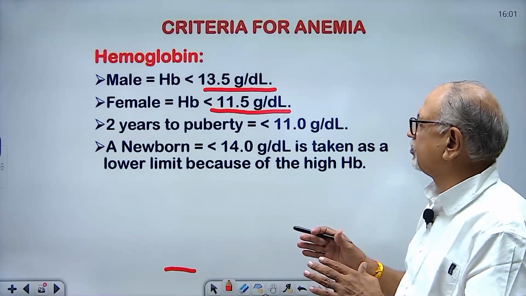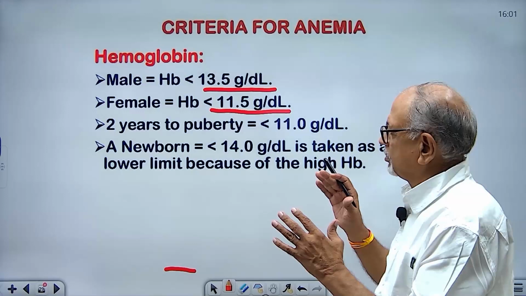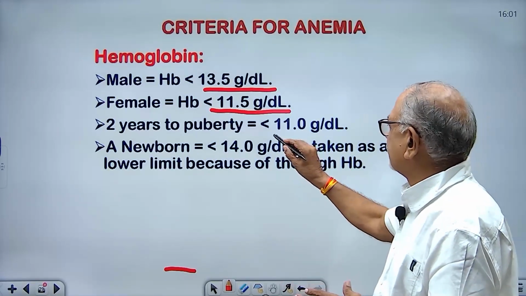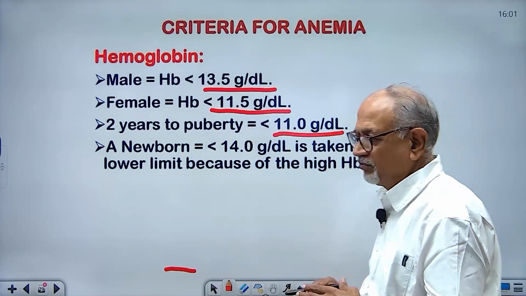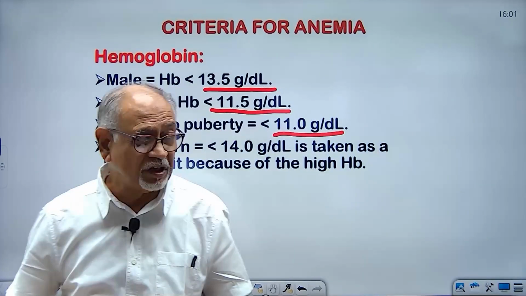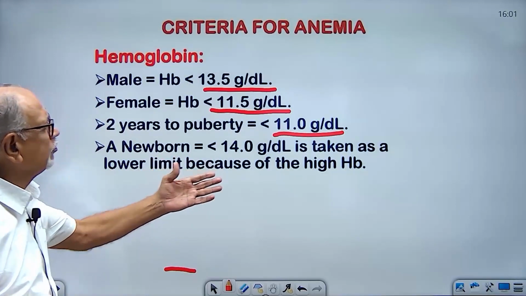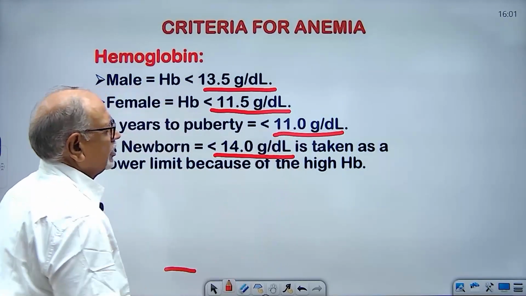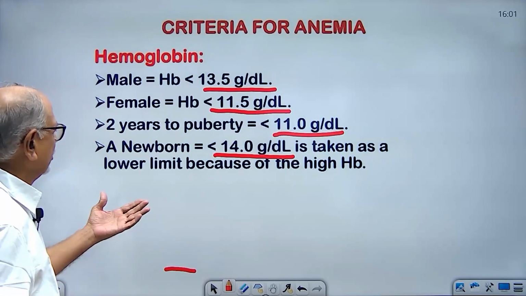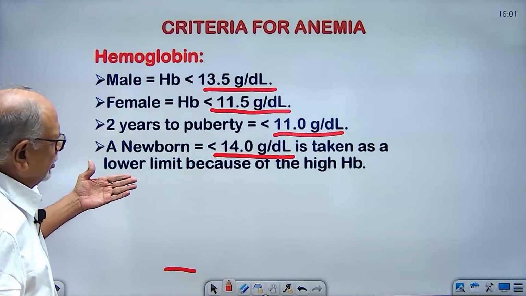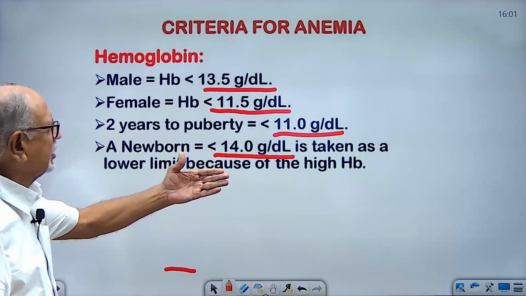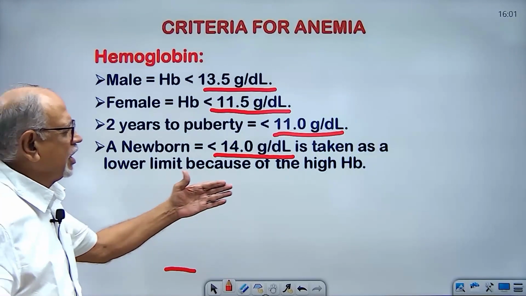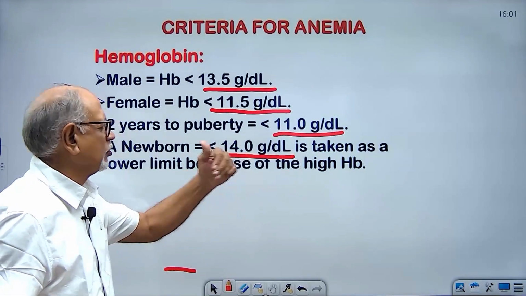In case of those who are in pubertic age, this is 11.0 gram per deciliter. In case of newborn, if it is less than 14 gram, it is called anemic. It is taken as a lower limit because of the high hemoglobin.